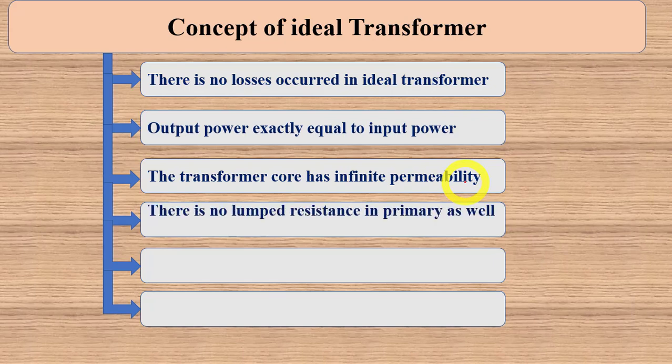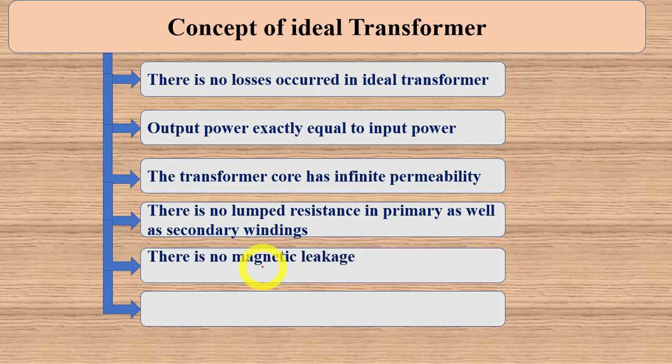Lumped resistance in the primary winding as well as the secondary winding is absent. Any conductor has some resistance, but in the case of an ideal conductor there is no resistance. So in an ideal transformer, conductors are ideal. Ideal means there is no resistance, so if there is no resistance, then I square R loss is absent. That means copper loss is 0 in the case of an ideal transformer.